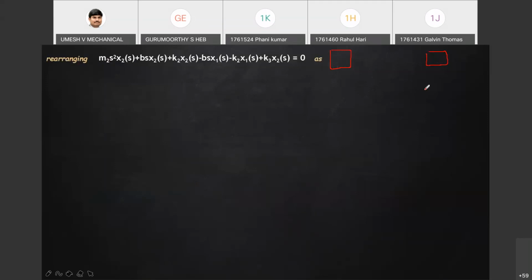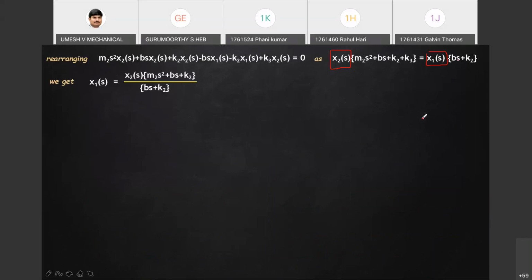Equation here. So from this, plus bs plus k2.